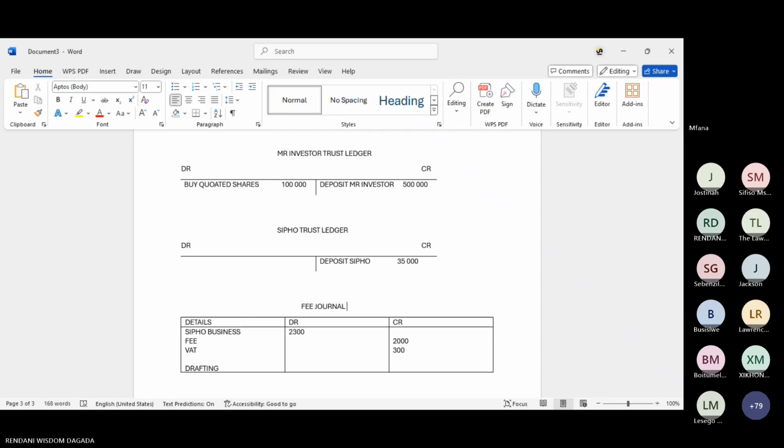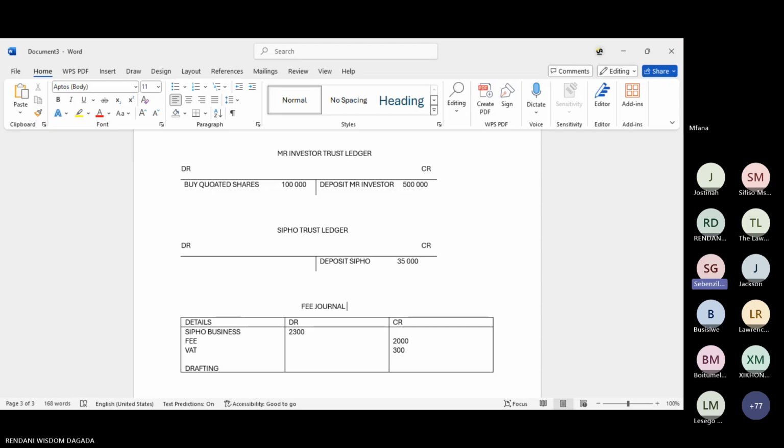Thank you. I want to ask, how do we know that we are charging Sipho's business, not Sipho's trust? Because a fee is always related to Sipho's business. So we can't charge it to the trust ever? No, we can't say Sipho Trust, we always say Sipho business.